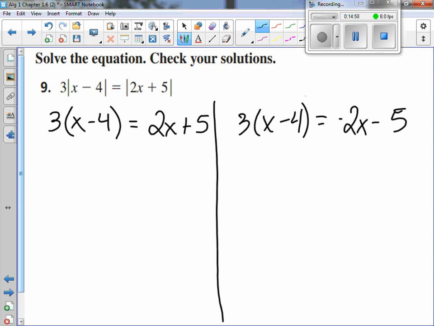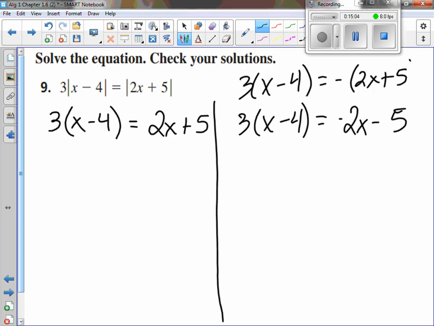So I could have rewritten this out as this here, but everything is going to switch to the negative 2x minus 5. Any questions on this here? So it might be easier to just go on and switch everything over to negative 2x minus 5. That way we're not having to worry about it.